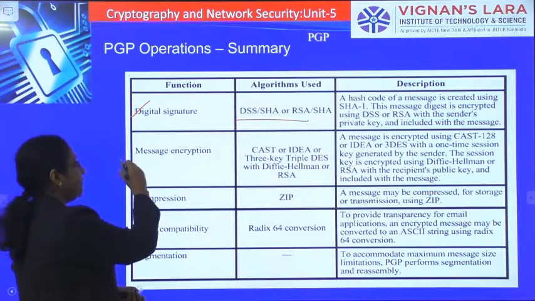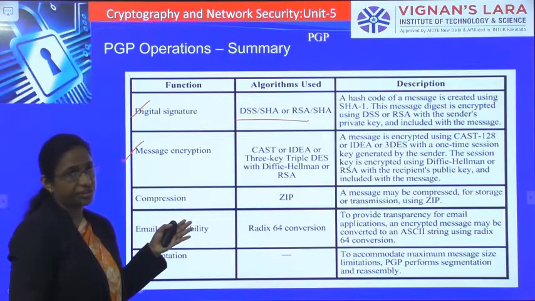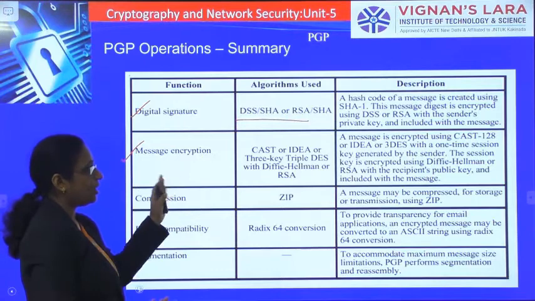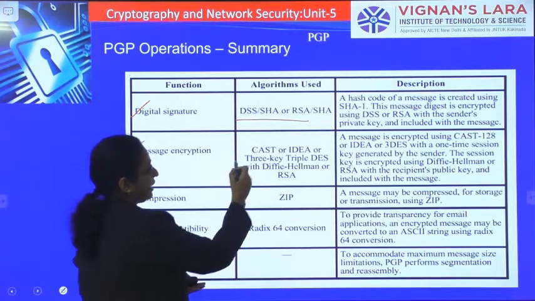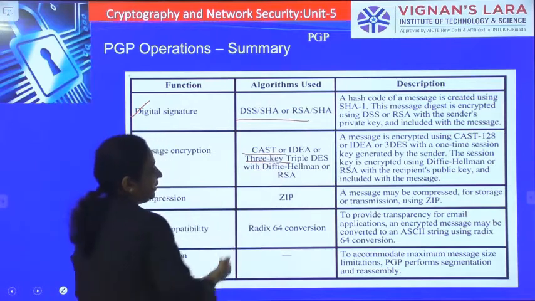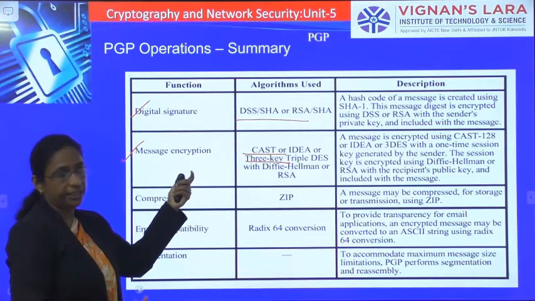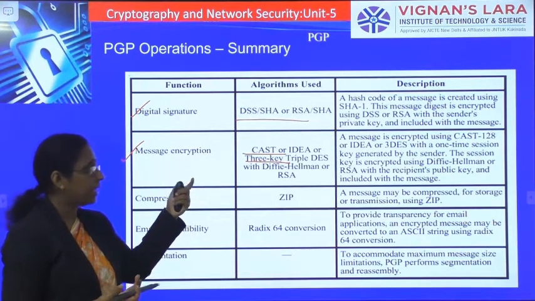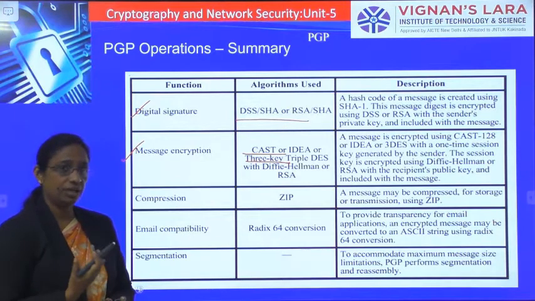Okay, and the second one is message encryption, for the purpose of confidentiality. For confidentiality, we will be using algorithms like CAST, IDEA or triple DES for the encryption and decryption of the message.